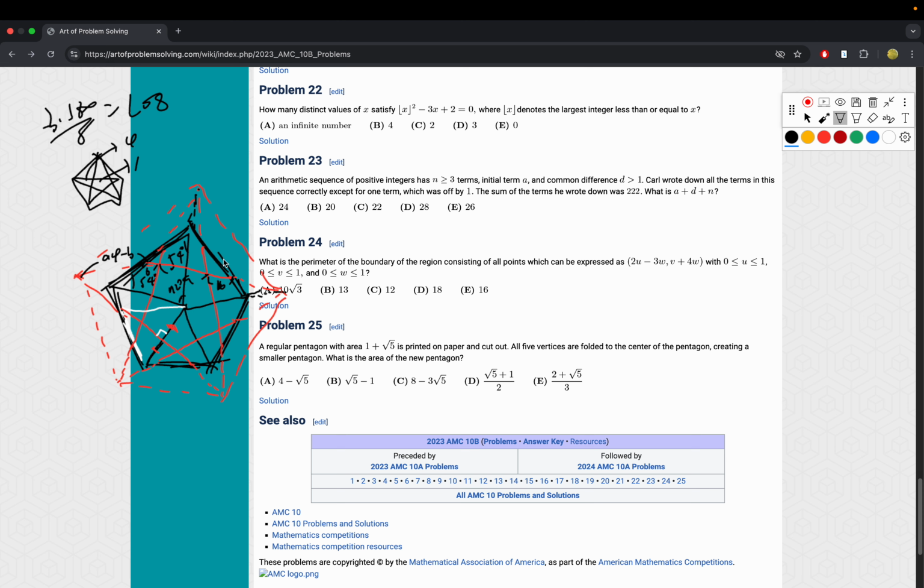Similar triangle. Yes, it is similar triangle. We need to use similar triangle. This center. Oh, they share the center. They all share the center. Okay. I think I know how to solve it. Wait, then what is the length of... We need to find the length of this first.